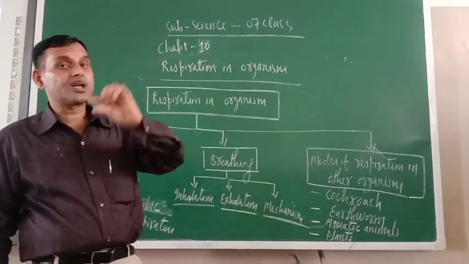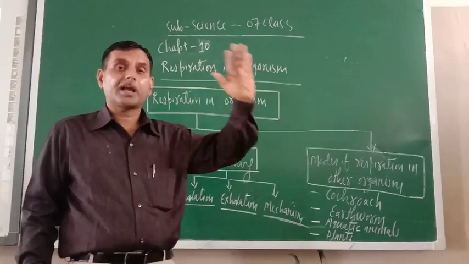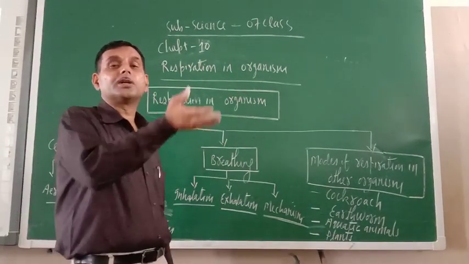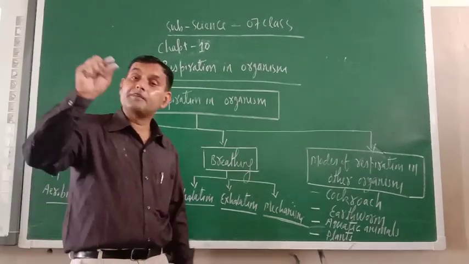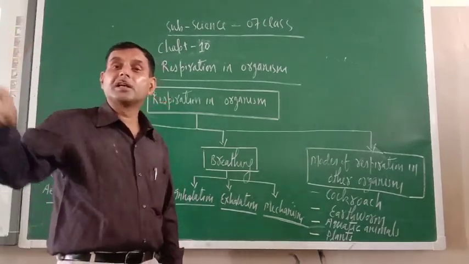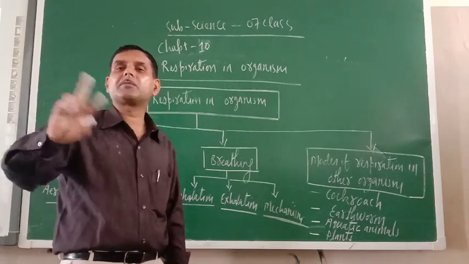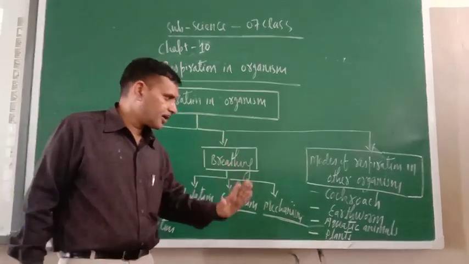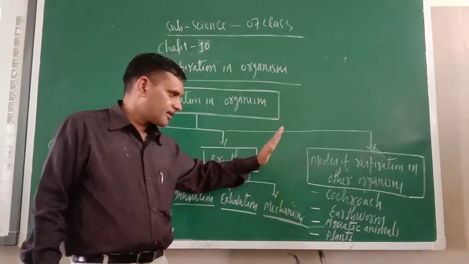Because of that thin skin, they absorb the oxygen present in the atmosphere and give out carbon dioxide produced in their body. Remember, if the skin is very thick, then exchange of gases is not possible. Are you getting my point or not? So these are the things we will study here.